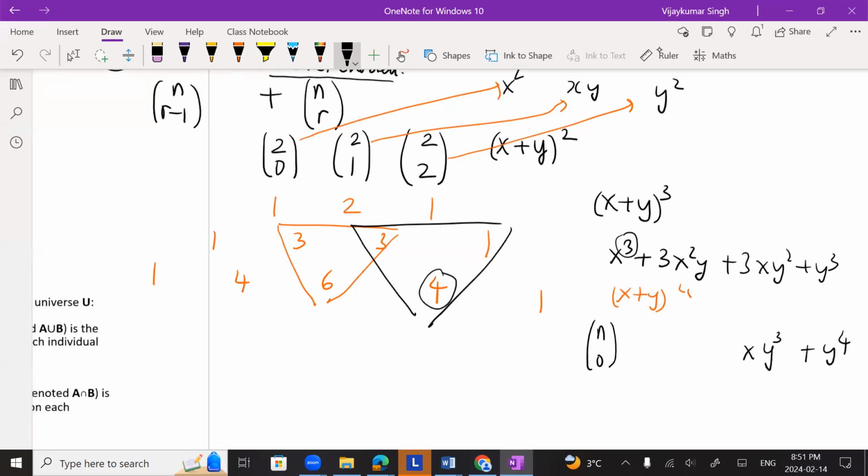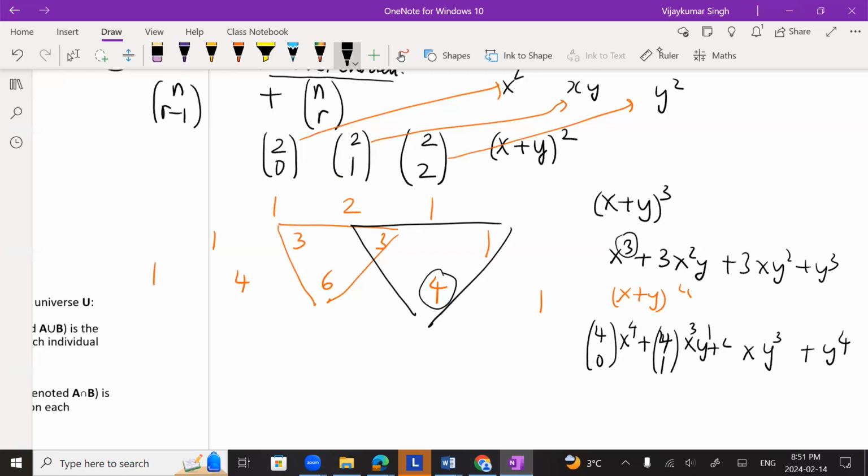If you start with n choose 0, x to the power 4 y to the power 0, then we have 4 choose 0. Then we have 4 choose 1 x cubed y to the power 1.